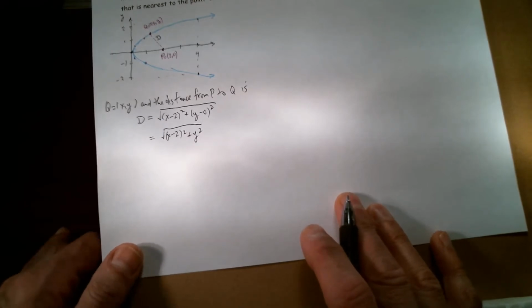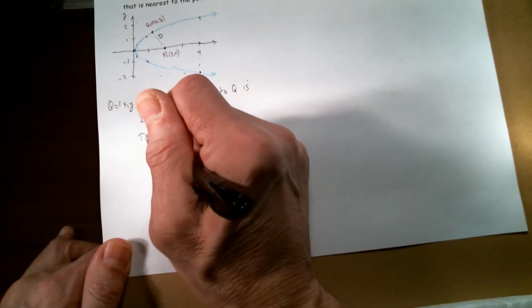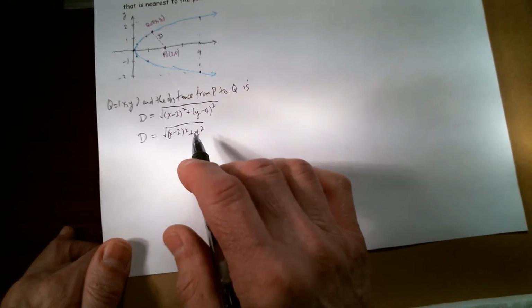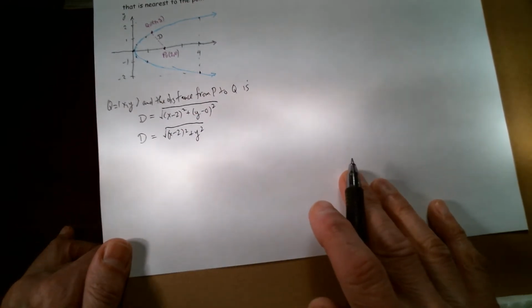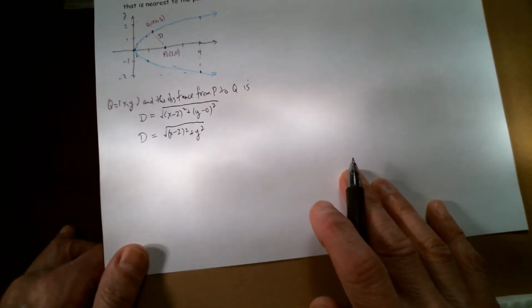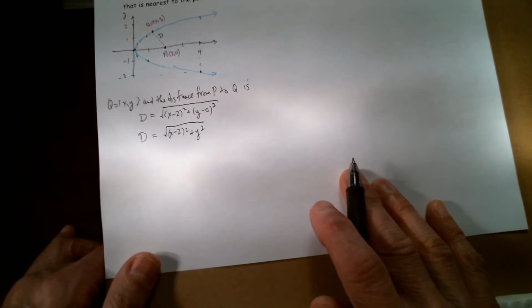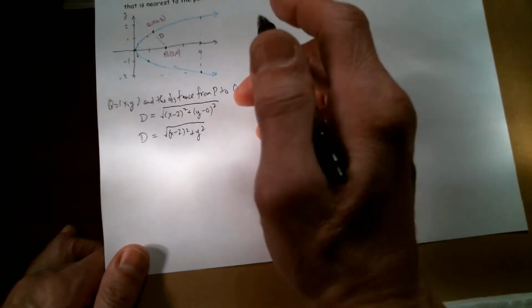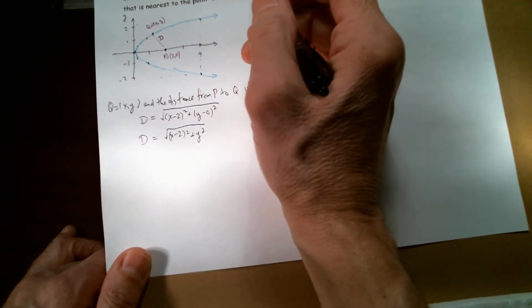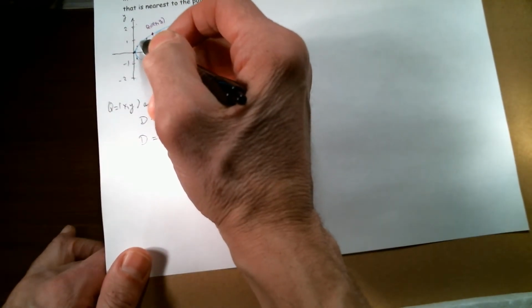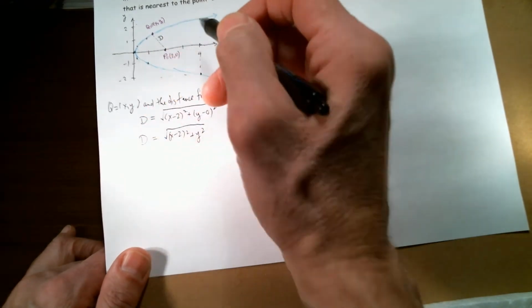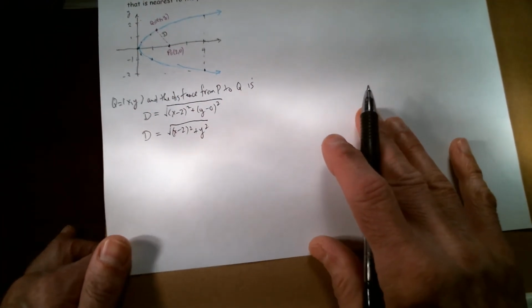Now, the only thing is, D is given as a function of two variables, x and y. And in order to apply our derivative analysis, we need to have D a function of only one variable. But remember that Q was restricted to be a point in the first quadrant.